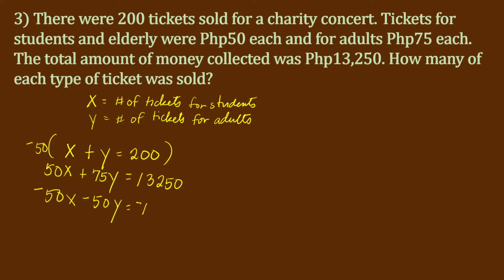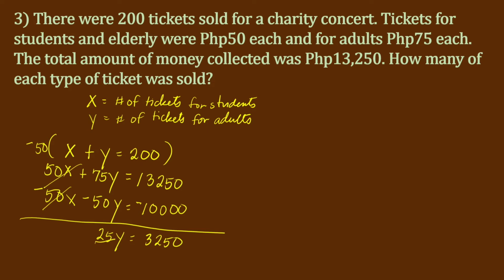So that will give us negative 10,000. So with this, we can now cancel out the x variable. Combining the y variables, we have 25y. And also combining the constants, we have 3,250. Divide both sides by 25.